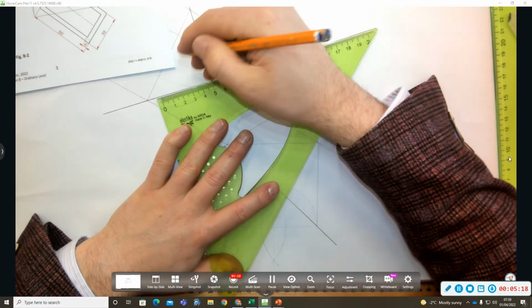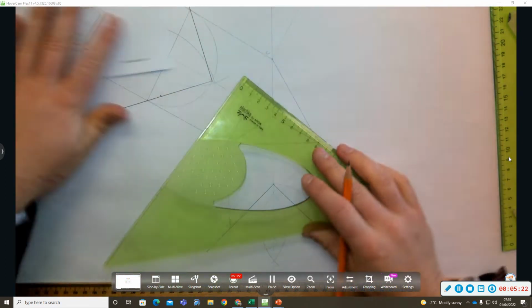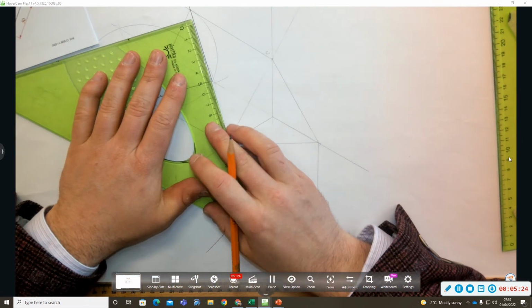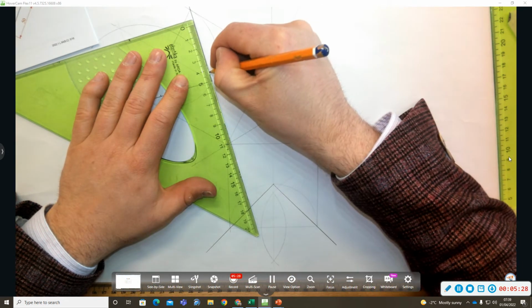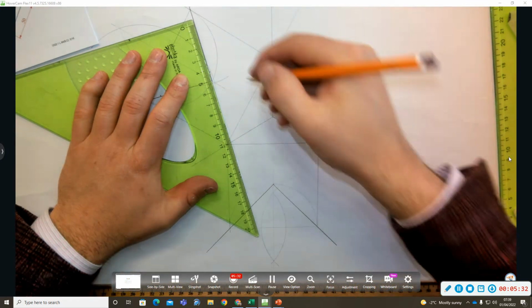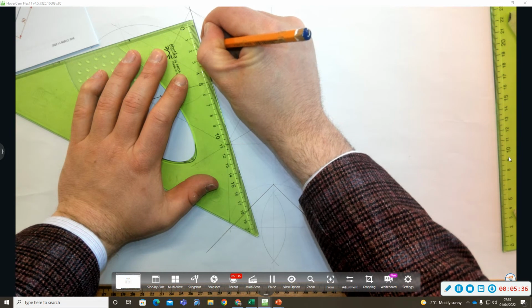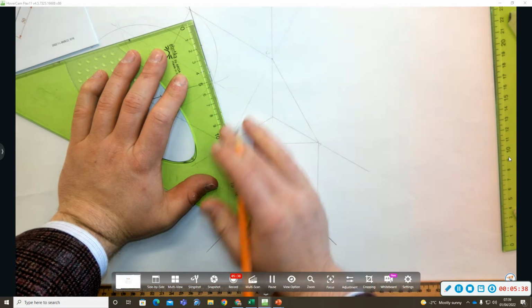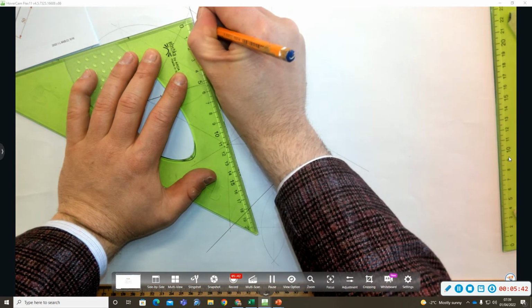Right, so I'm going to mark 50. And I'm going to mark the heights of 8 millimeters. Then 24 is going to be a 32, and then 19 millimeters after that.